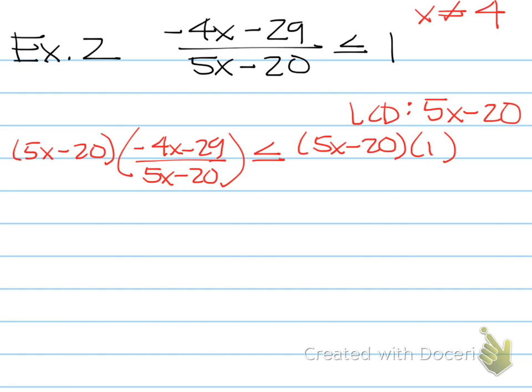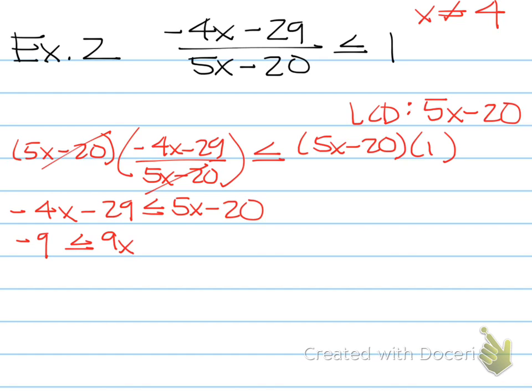The 5x minus 20s on the left side will cancel, leaving us with negative 4x minus 29. Then on the right side, we'll have 5x minus 20. We'll add 29 to both sides. Actually, added 4x to both sides and then added 20 to both sides to get negative 9 is less than or equal to 9x, and then divide both sides by 9. We get x is greater than or equal to negative 1.